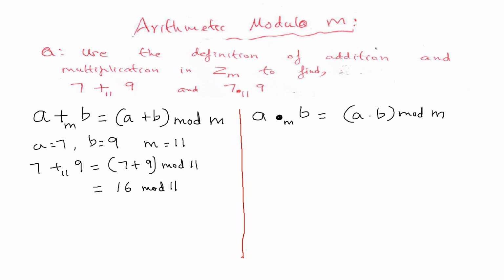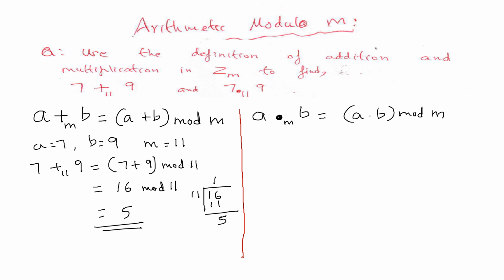Mod is a remainder operation, correct? So 16 divided by 11: how many times? 1 times 11. So you get the remainder as 5. So 16 mod 11 is 5. This is the answer.